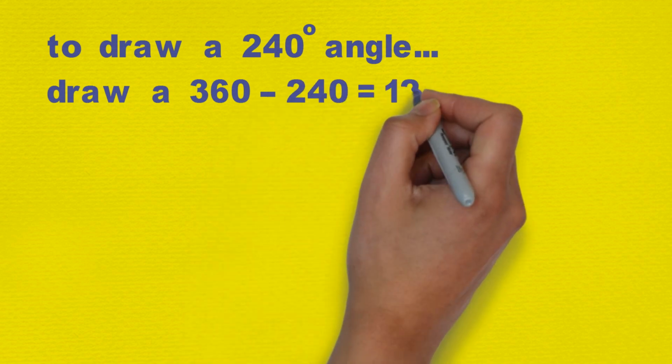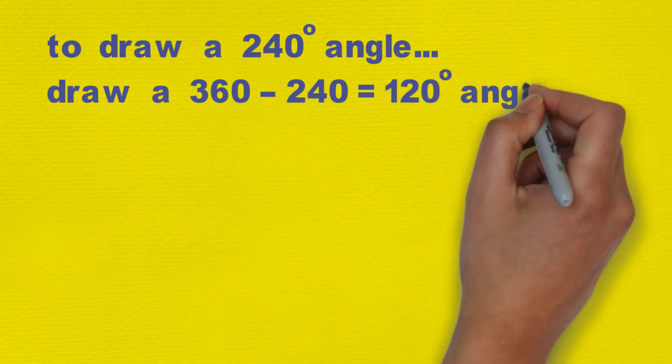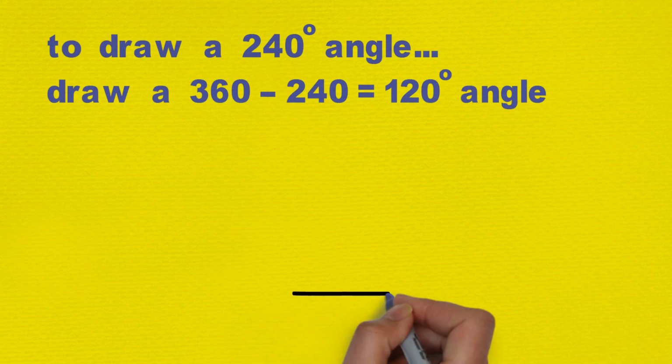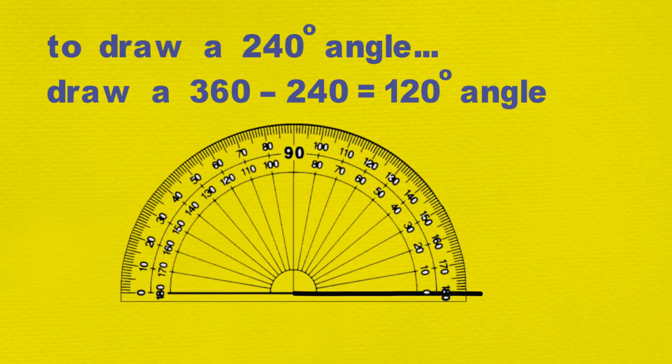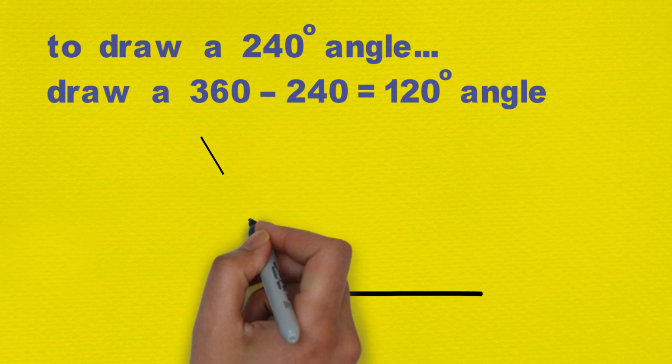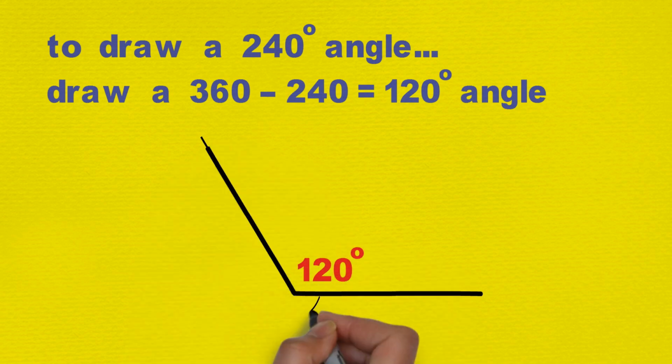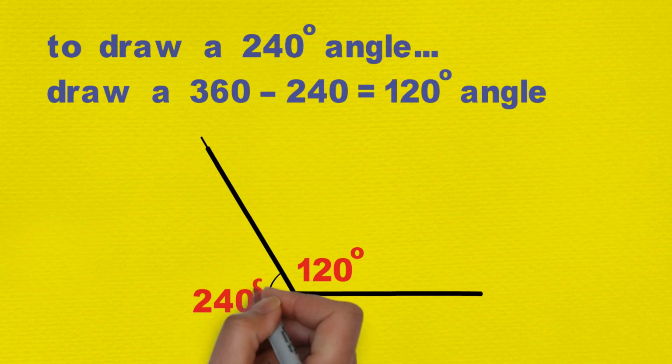For 240 degrees, the other angle will be 120 degrees, since 360 minus 240 equals 120. If we draw the 120-degree angle using the protractor, just like this, we also get the 240-degree reflex angle.